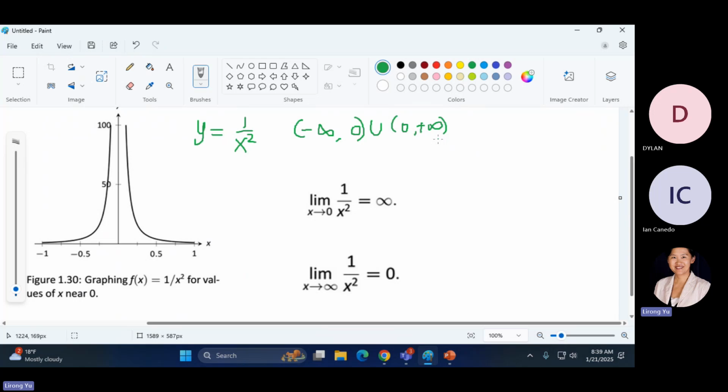That's just notation, the interval notation. This interval notation essentially means x is less than 0. And this one is interval notation for x is bigger than 0. So for this function, x can be bigger than 0, x can be smaller than 0, x just cannot equal 0 because it will be undefined.